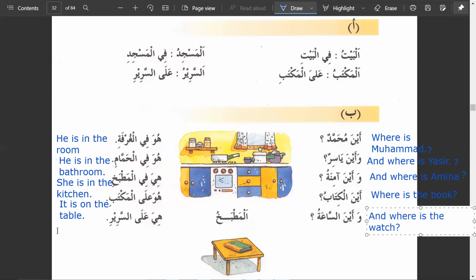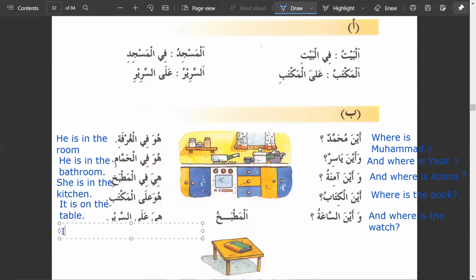Hiya ala sariri. So it is on the bed. It is on the bed. Right? So it is on the bed.